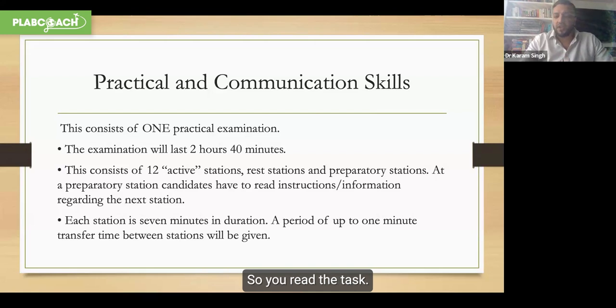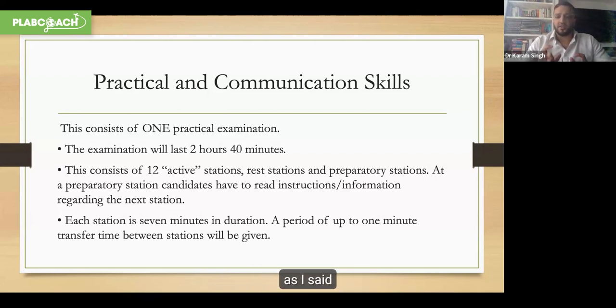So you read the task, for example, let's say your station number 1 is a preparation station. You will have the task in station number 1, but you perform that task in station number 2. So from station number 1, you read the task and you go and perform it in station number 2.